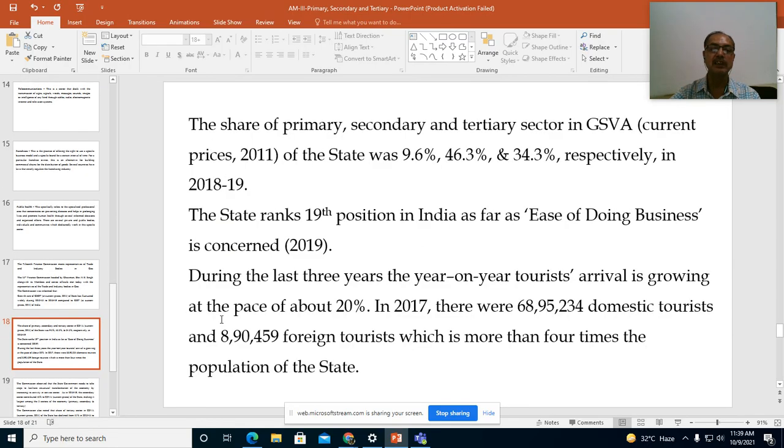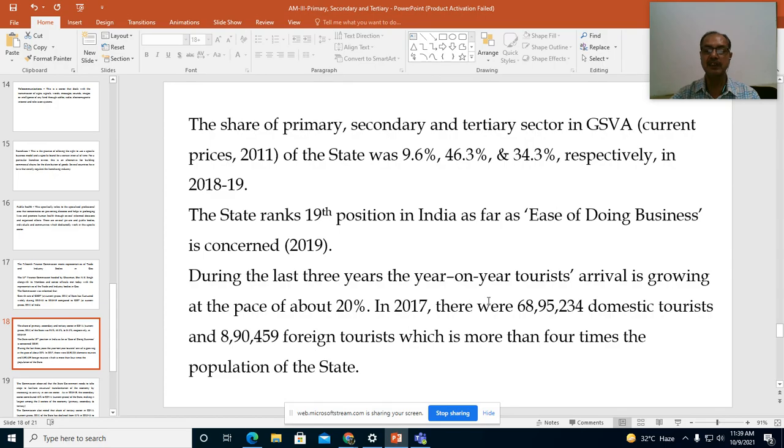You can see the share of primary, secondary, and tertiary sector in GSVA at current prices in 2011 of the state was 9.6%, 46.3%, and 34.3% respectively. In 2018-19, the state ranks 19th position in India as far as the ease of doing business is concerned.